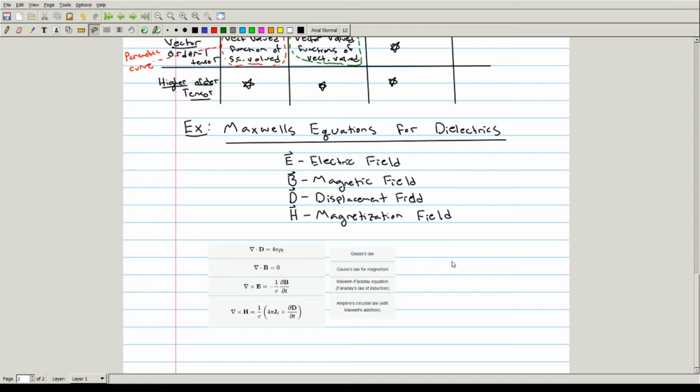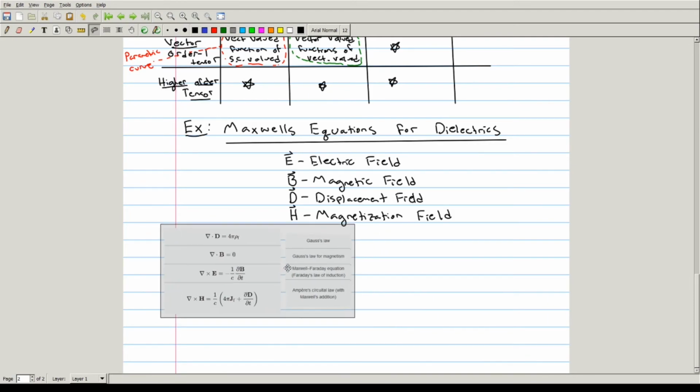And these four equations govern how the electric field, the magnetic field, the displacement field, and the magnetization field all evolve with respect to time and space in a given medium. So these can all be derived using basic laws of physics and some basic vector calculus.